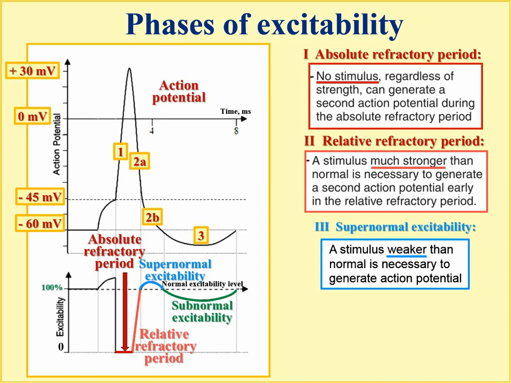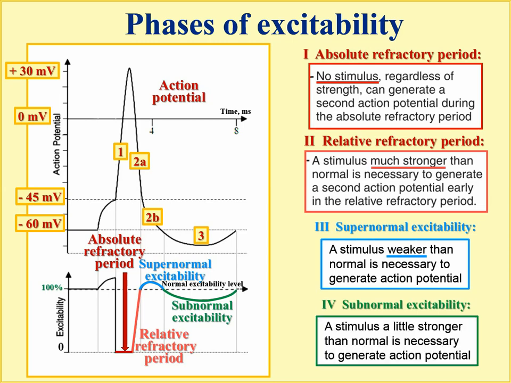Normally we establish the threshold force necessary to reach the threshold, and now a stimulus which is less in force than the threshold may be enough to generate an action potential. And finally, subnormal excitability. Subnormal is less than normal, so the stimulus should be a little stronger than the usual minimal threshold stimulus to produce an action potential. All these changes finally come to the normal excitability level, and the usual threshold stimulus is enough to generate a new action potential.